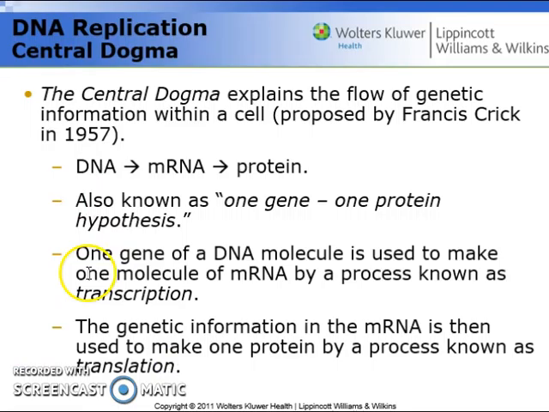Okay, so there's a particular theory, the central dogma theory, that is used to describe how genetic code is converted into a protein to be used by a living organism. So the central dogma theory basically says DNA is transcribed into messenger RNA.